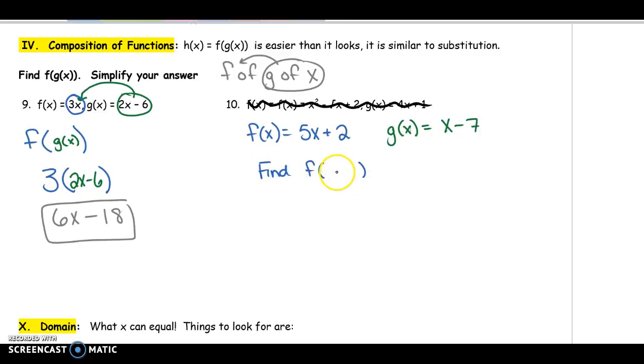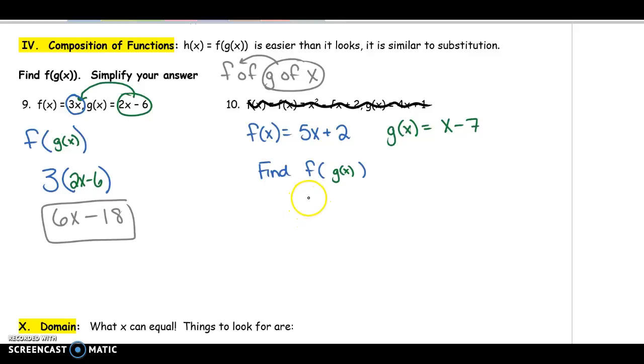Find f of g of x. I try to write it a little more spread out so that it doesn't look like a big mashup of letters. I want you to see we're taking the g of x function and plugging it into the f function.